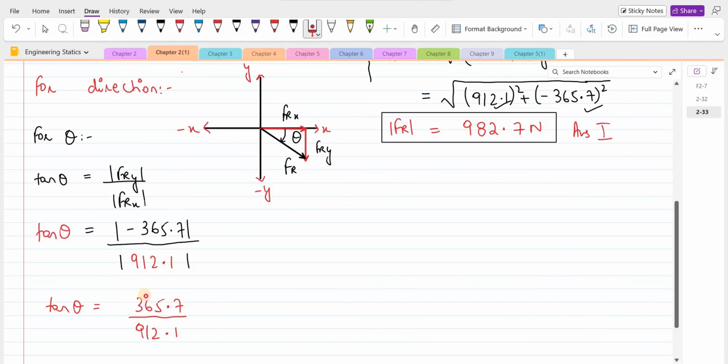If you take the tan inverse of this value, then theta comes out to be 21.85 degrees. So this is our second answer.